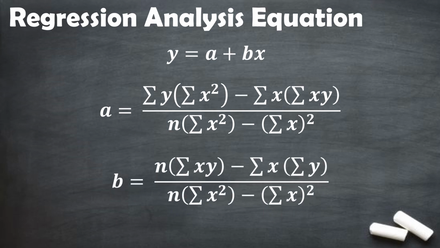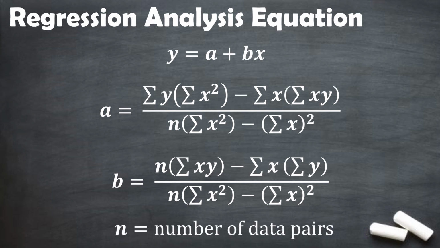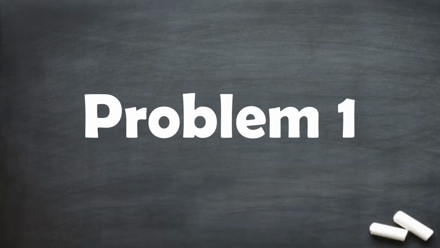Next, for b naman po, or for the slope, the formula is n multiplied by the summation of xy minus the summation of x multiplied by the summation of y, all over n multiplied by the summation of x squared minus the summation of x, squared. And same with the previous lesson po, n stands for the number of data pairs. Let's begin with problem number 1.